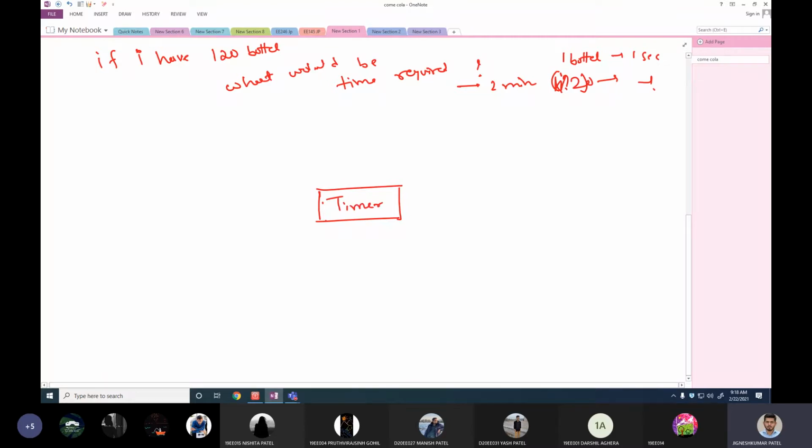Let us say this is a 16-bit register, and what I have here is a crystal. Let us say my crystal is 12 megahertz, and I am transferring this 12 megahertz frequency to this timer. So basically what I am transferring to my timer is this square wave. On each rising edge, my timer count will increment by 1.